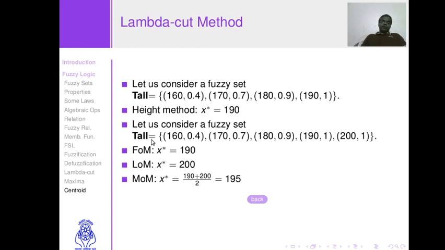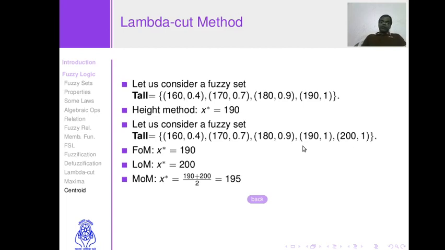Consider another set. Here we have one more element with height 1. In the previous case there is only one element with maximum height, but here we have two elements with maximum height 1, and therefore we cannot apply the height method here.